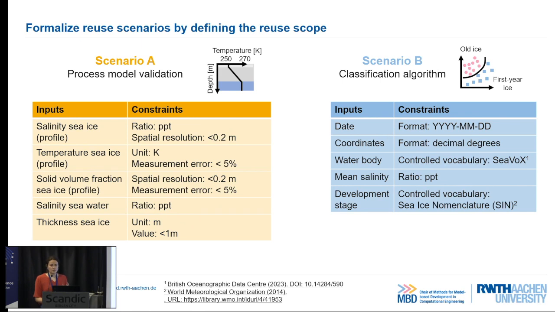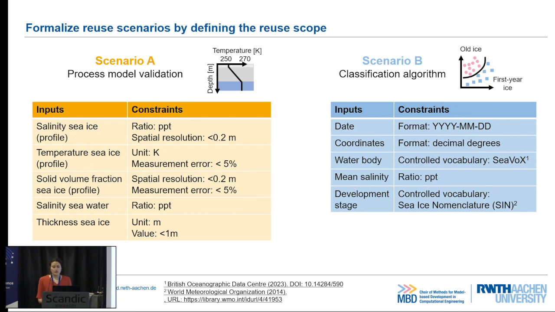So I have very specific requirements for the data that I need to feed in the model or in the specific scenario. For scenario A, I have, for example, inputs that are the salinity and the temperature and the solid volume fraction of the ice.